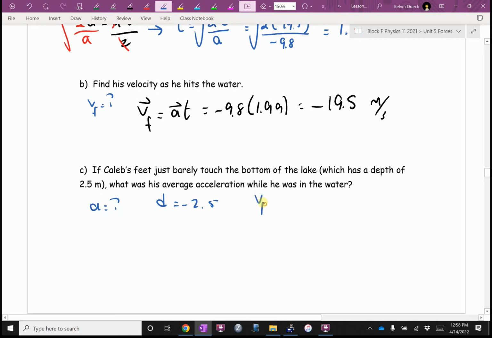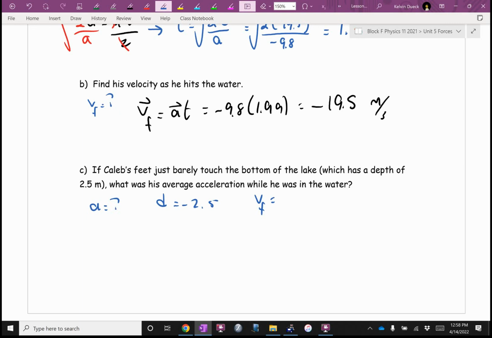Fahim, I know VF. I disagree. Can you read to me the first phrase starting with the word if and ending with the word lake? What am I trying to suggest if his feet barely touch the bottom of the lake?